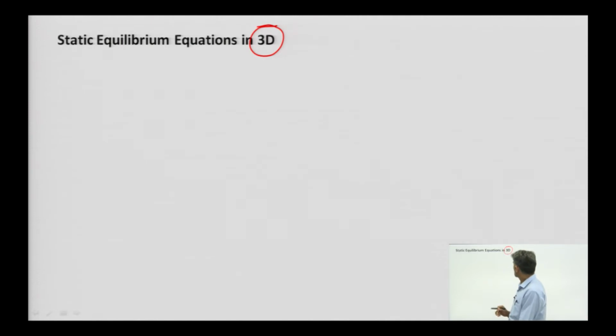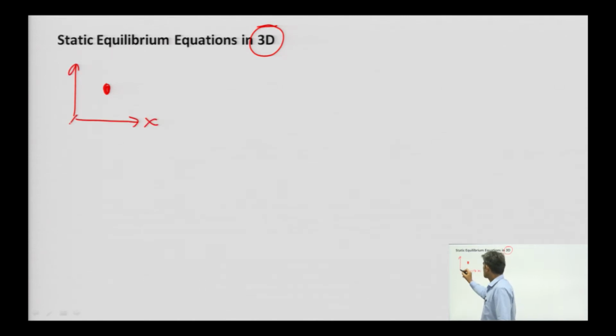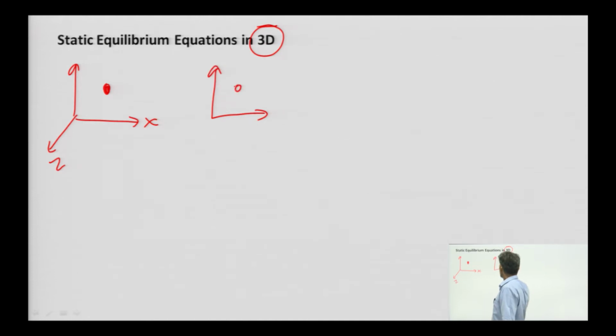When a structure is in 3 dimensions, say this point is in 3 dimensions, and say this point is in 2 dimensions, x and y only.